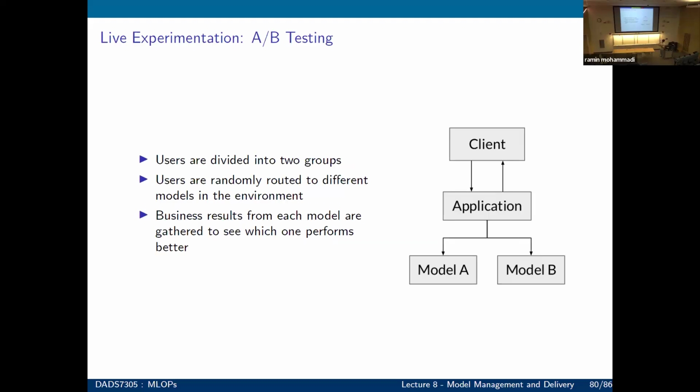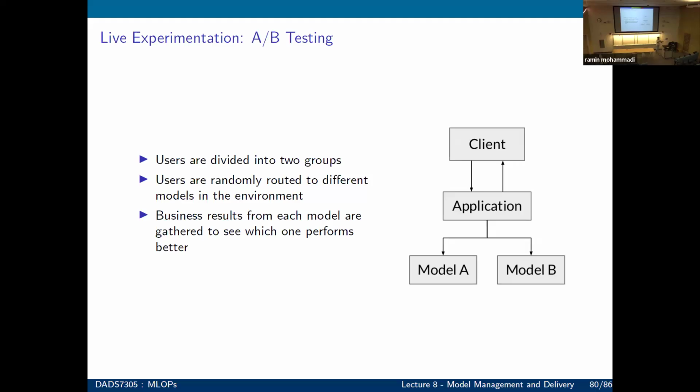So what you want to do is divide your users into two groups, A and B, and randomly reroute the traffic to A versus B. You look at the business results of this, not the model metrics, because we were doing a recommendation system. If they use A or B, overall, how much did we have in sales, for example, from a sales perspective.